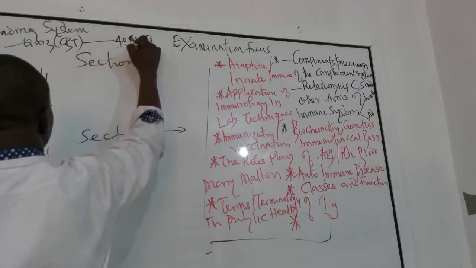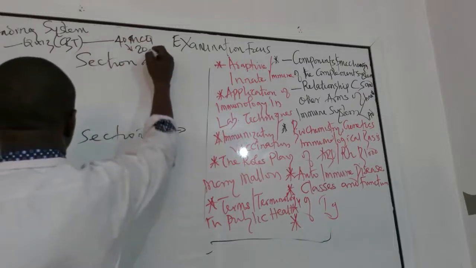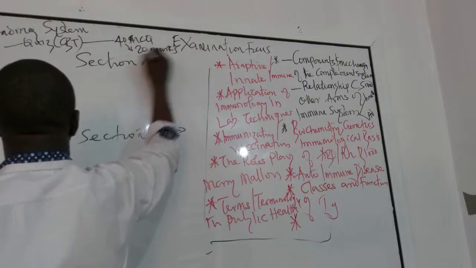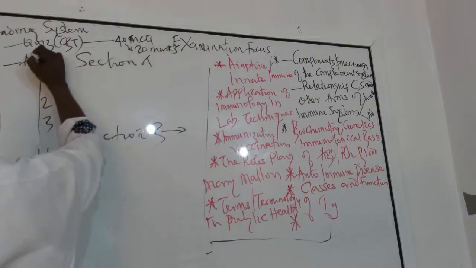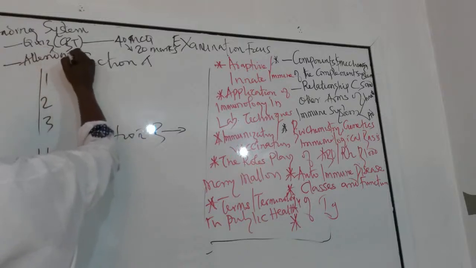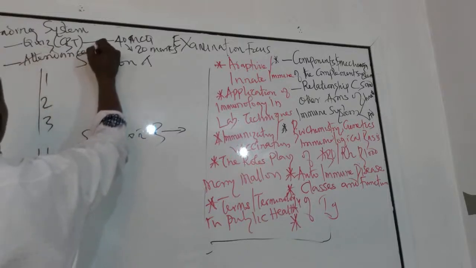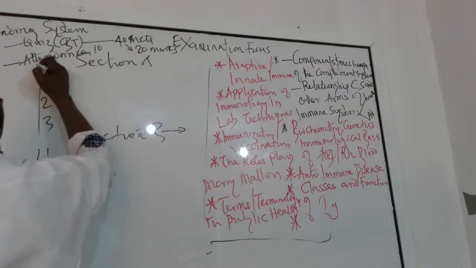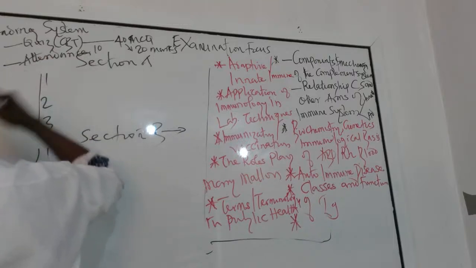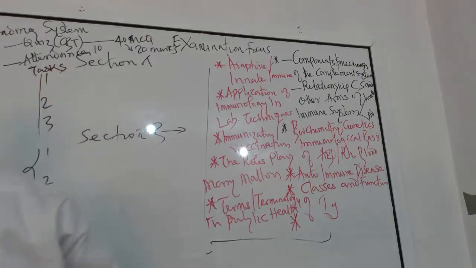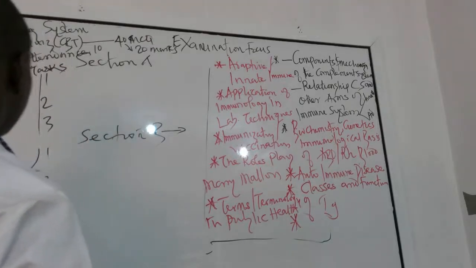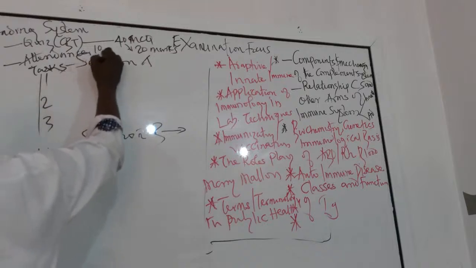That will be later graded as 20 marks. Then the next one is going to be the attendance, which is going to be 10 marks. Then the other aspect has to do with the basic tasks, like the assignments you have been given. That's going to be 10.